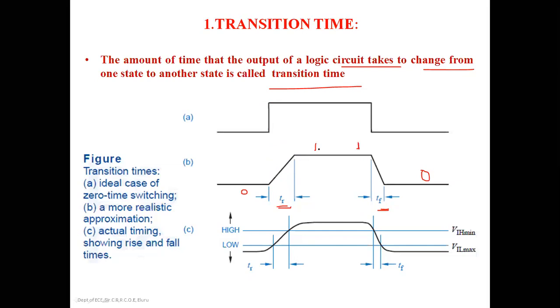And what is the fall time? The time required to change the output from state 1 to 0, that is, from the high state to the low state, is called the fall time.